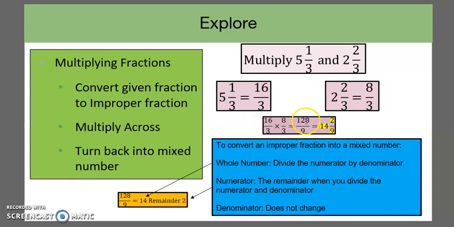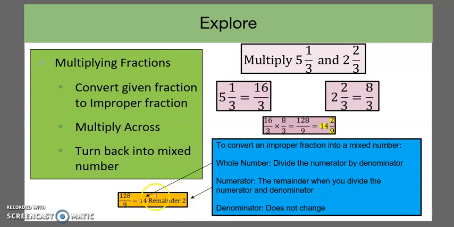We're going to multiply across. 16 times 8 gives us 128. 3 times 3 gives us 9. To convert an improper fraction into a mixed number, we want to make sure that we have 128 divided by 9, which I did over here. We know that 9 goes into 128 14 times with a remainder of 2.